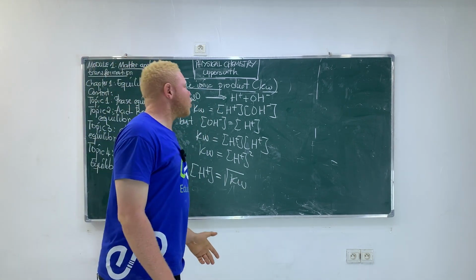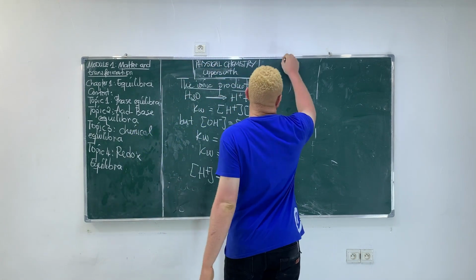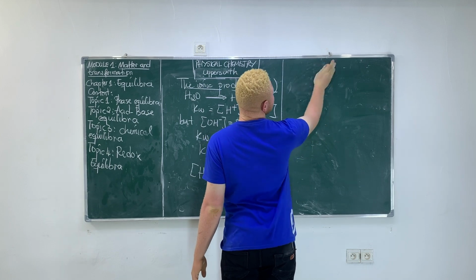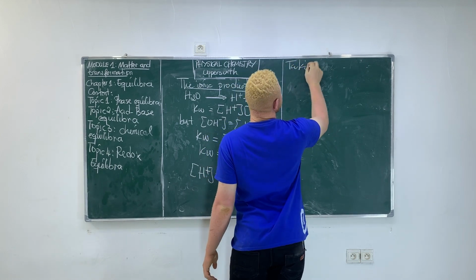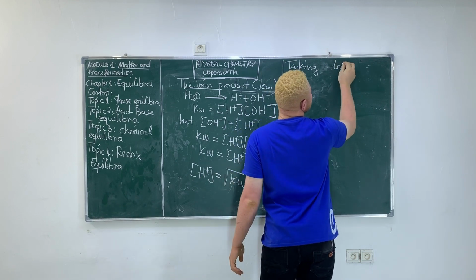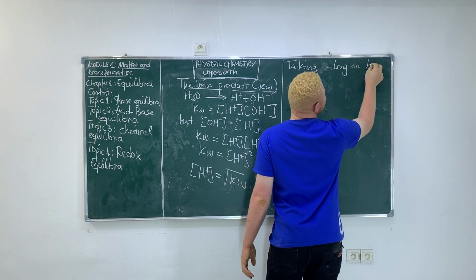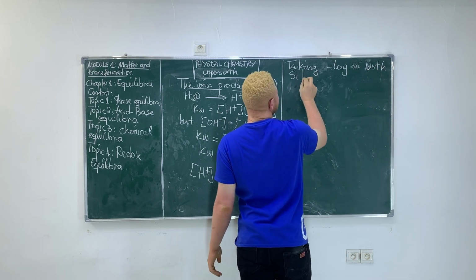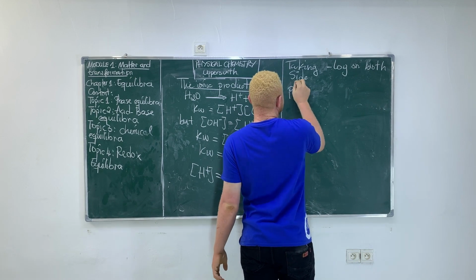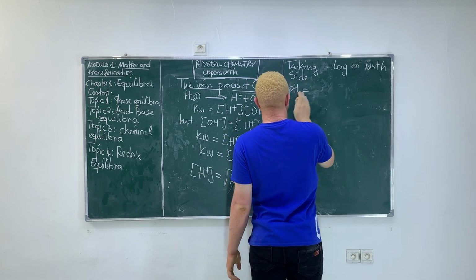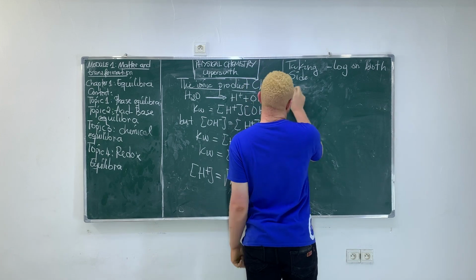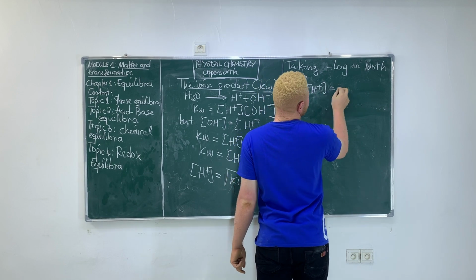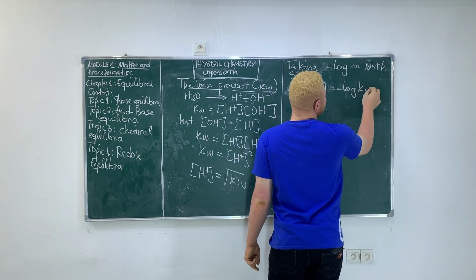I can take minus log on both sides. So minus log of H plus equals minus log of the square root of Kw.